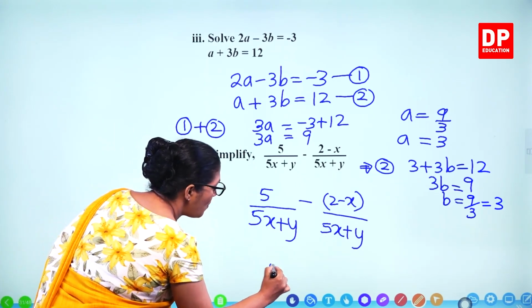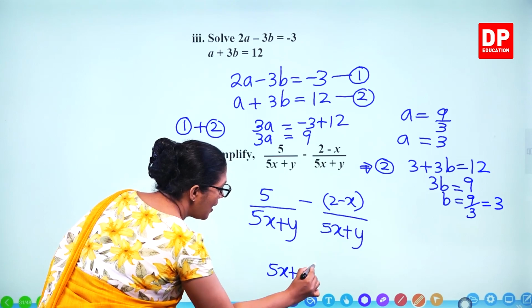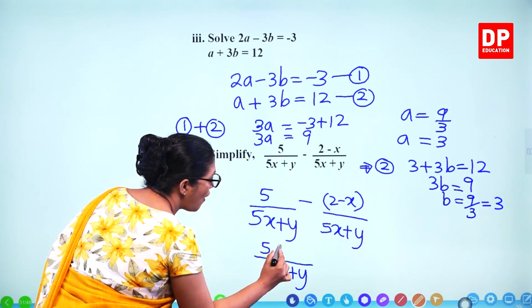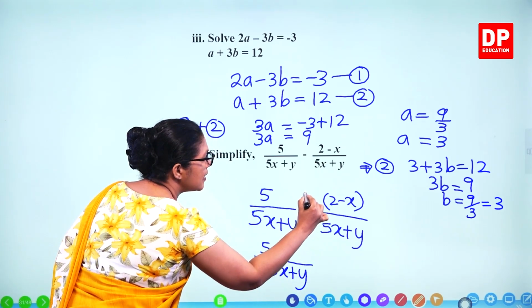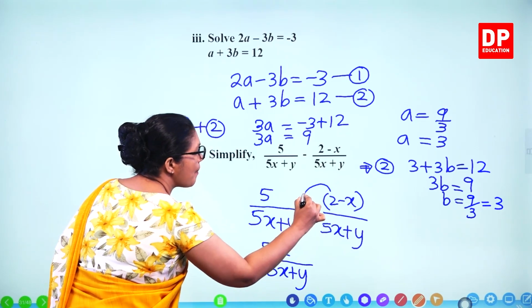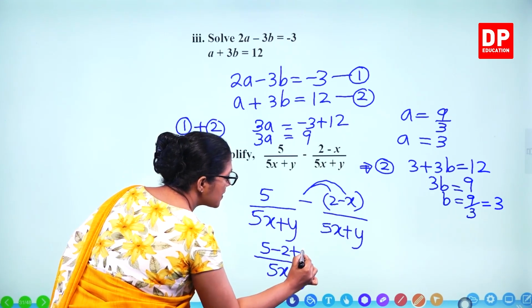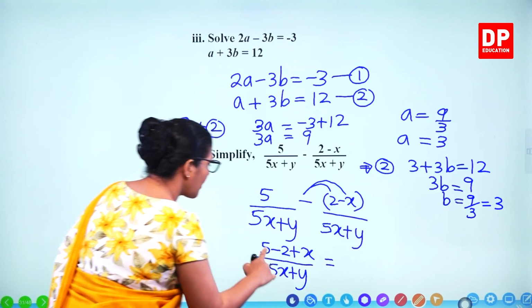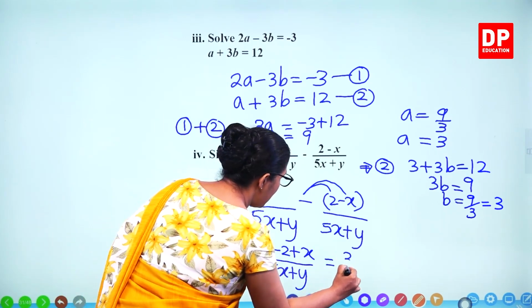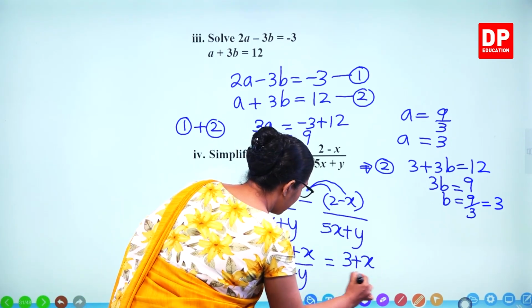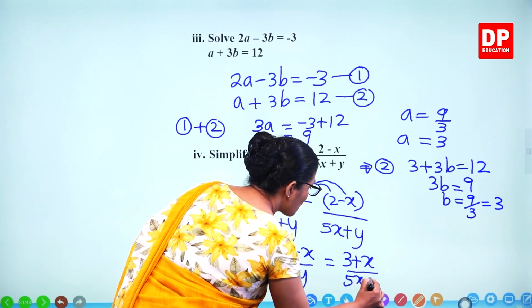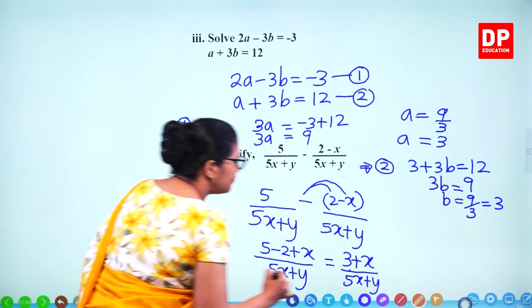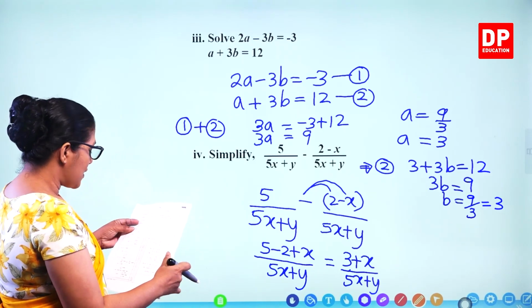So same denominator, 5x plus y, but the numerator becomes 5 minus, here 2, minus and minus becomes plus x. So 5 minus 2, that's 3, so 3 plus x over 5x plus y.